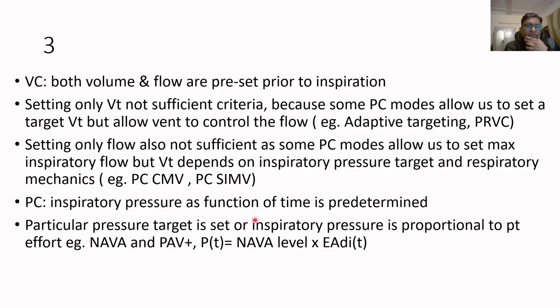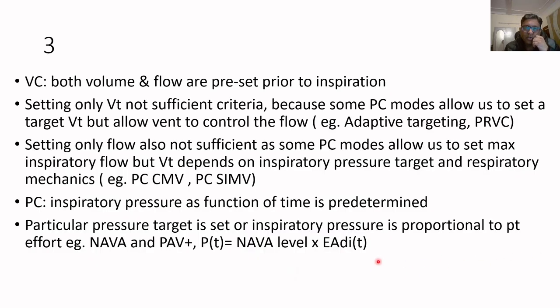For pressure control, inspiratory pressure as a function of time is predetermined. A particular pressure target may be set, or inspiratory pressure may be proportional to the patient effort, even in a pressure control mode. For example, the modes of neurally adjusted ventilatory assist, and proportional assist ventilation plus, where the pressure is in proportion to the patient effort.